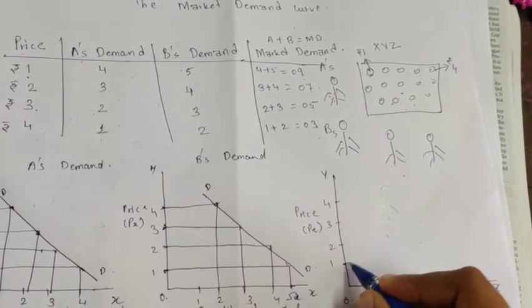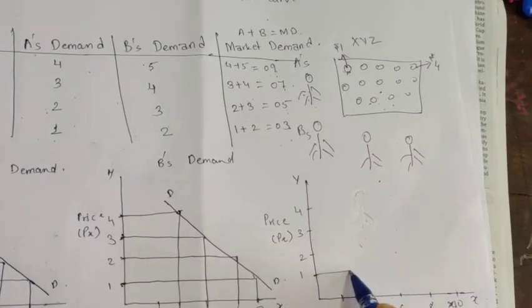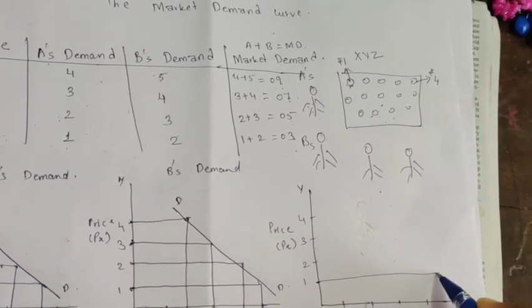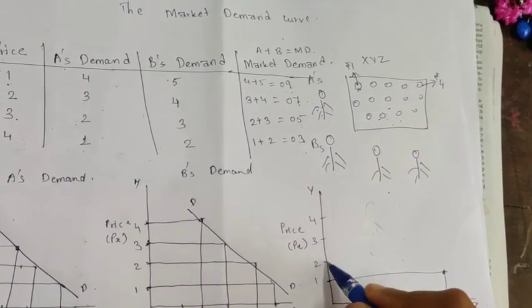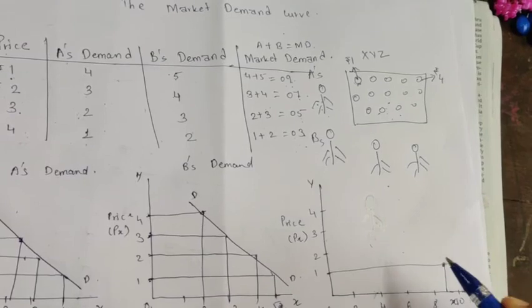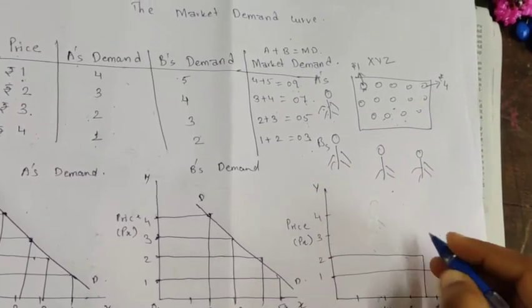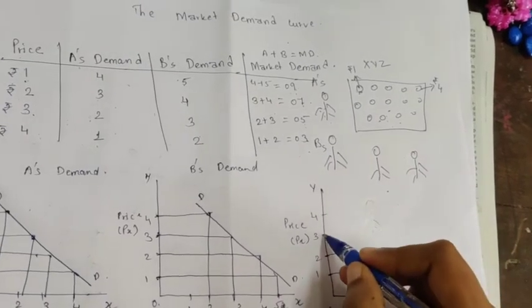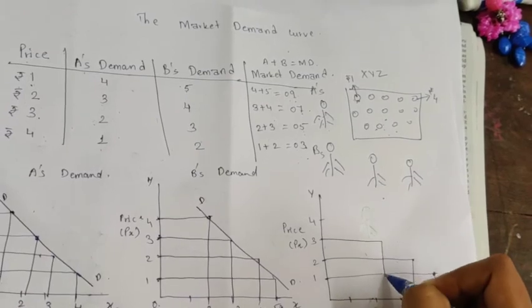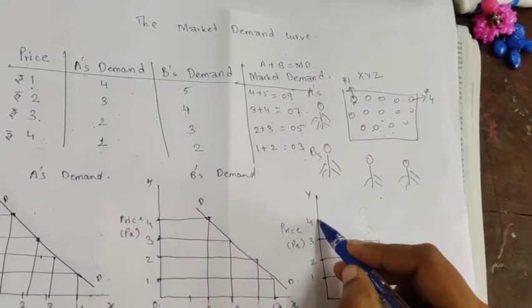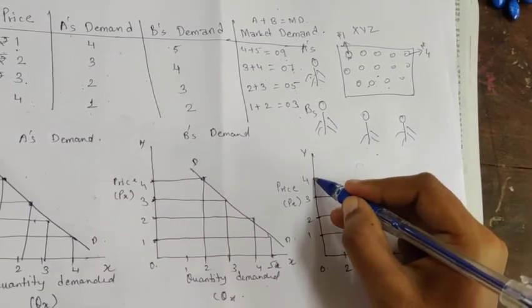Price 1, and market demand is 9. Price increases to 2, market demand is 7. Price 3, market demand is 5. Price 4, market demand is 3.